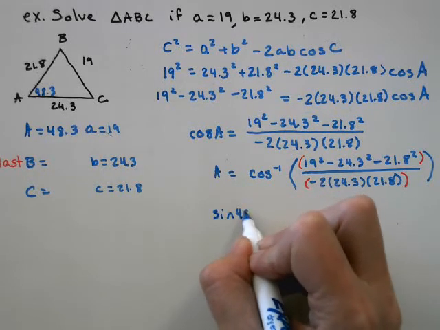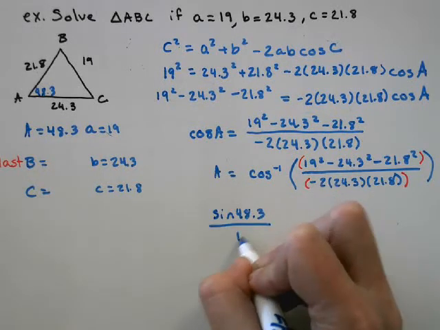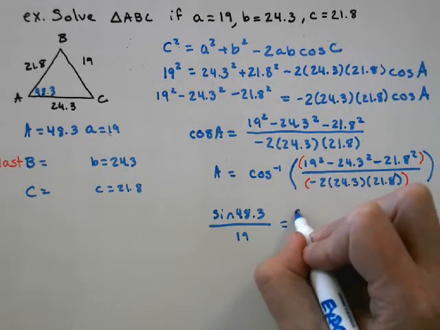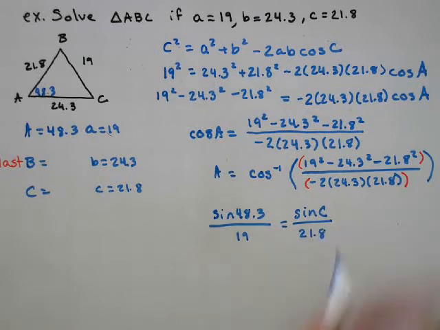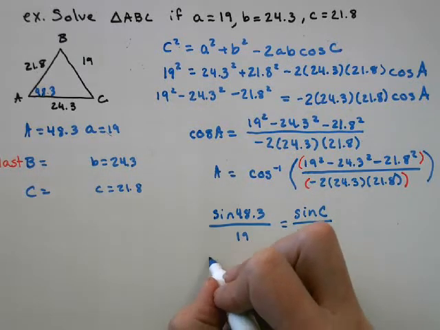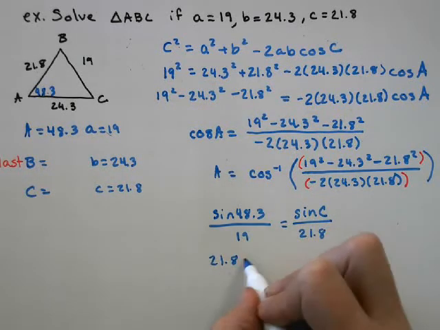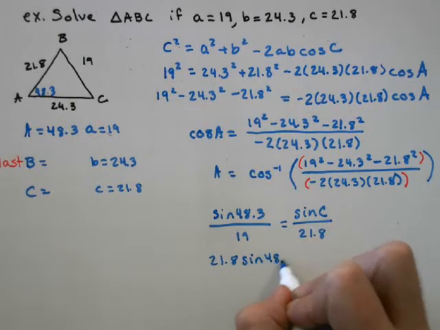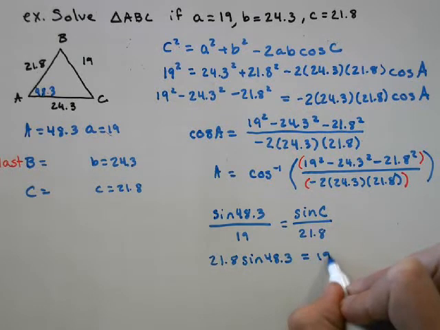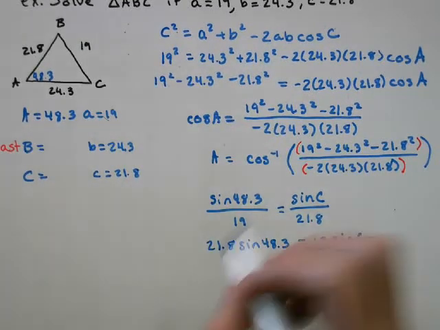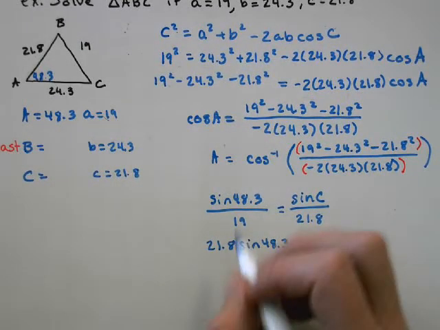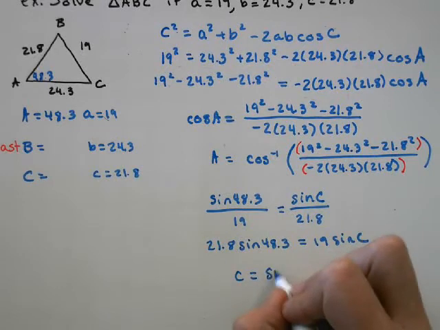So I'm going to have sine of 48.3 over 19 equals sine of C over 21.8. 21.8 sine 48.3 equals 19 sine of C. And we'll divide and take the sine inverse.